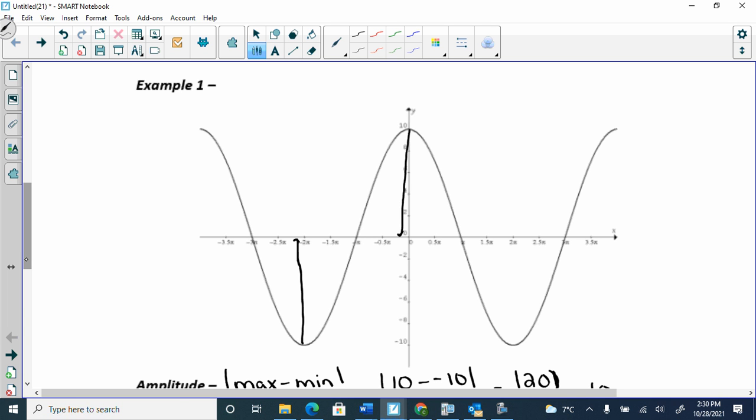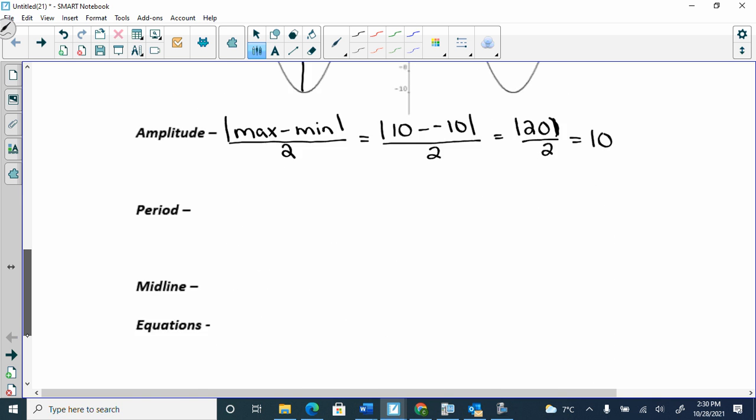Now, if they don't specify which one, you could pick any equation to give an answer, correct? But what they could say is determine the equation in the form y equals a cos b x minus c plus d, where a is greater than 0. So they want the positive cos equation. So it's in our best interest to learn all 4, then they can ask us whatever version we want, and boom, we can get any one of them, right? So we're going to go down here.